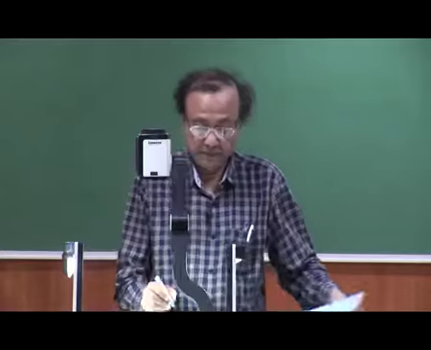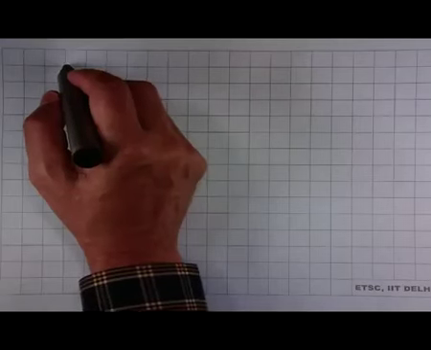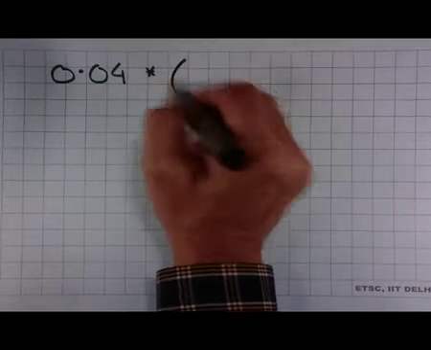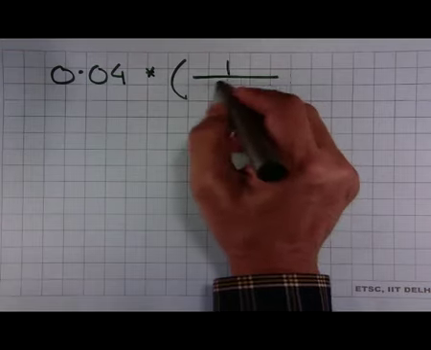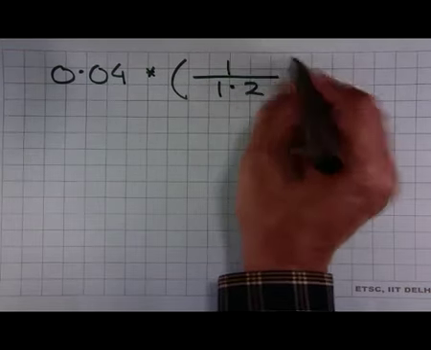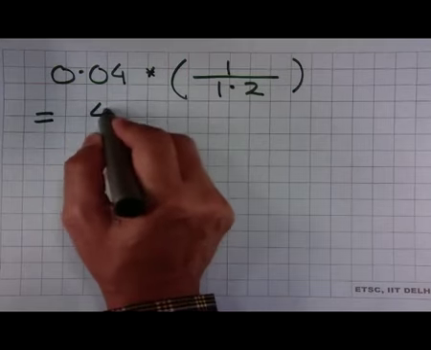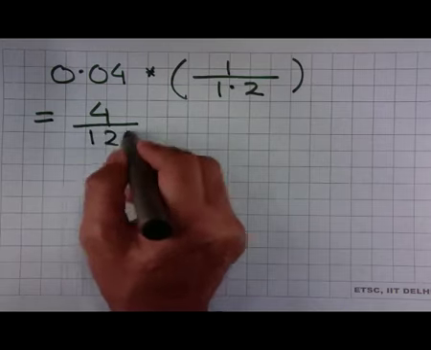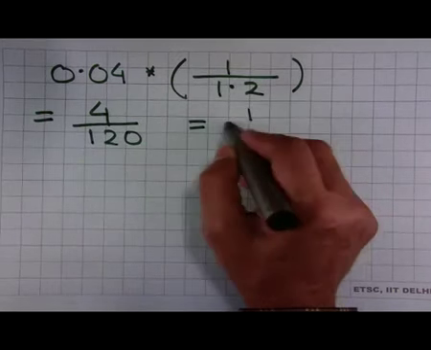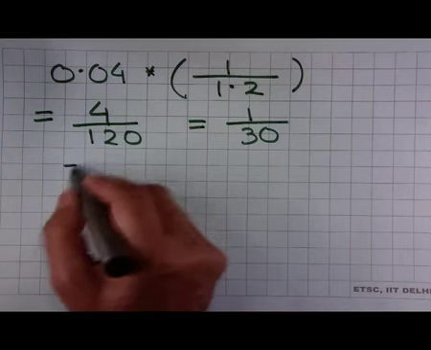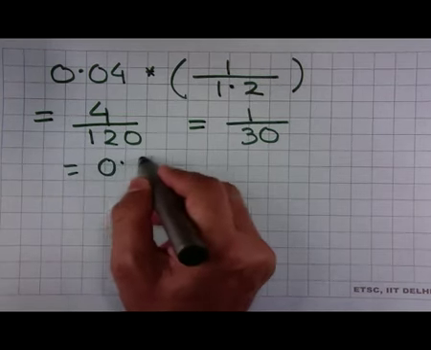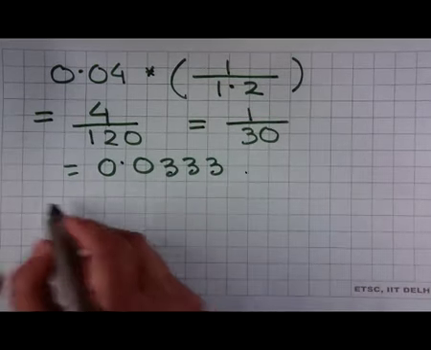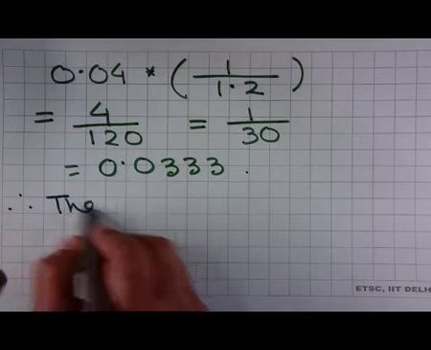This is 0.04 multiplied by 1 upon 1.2, which is equal to 4 upon 120, which is equal to 1 upon 30, which is equal to 0.0333.